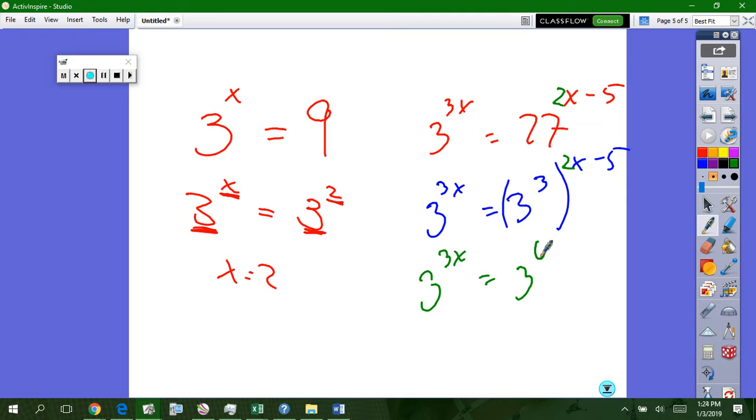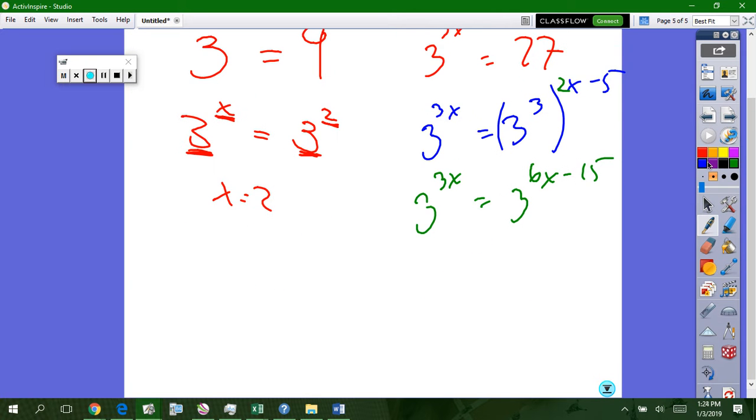What I did is the power to a power, so I multiplied it, I distributed it through. You see how, if they're like bases, I can now solve. So now they're alike. The bases are alike, so I can set the powers equal to each other. Then just a very basic solve.